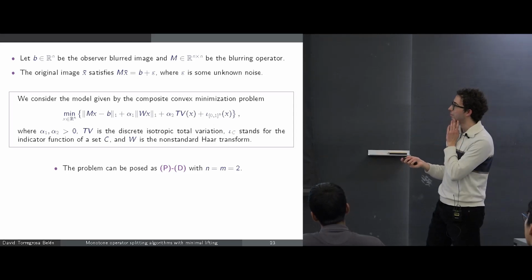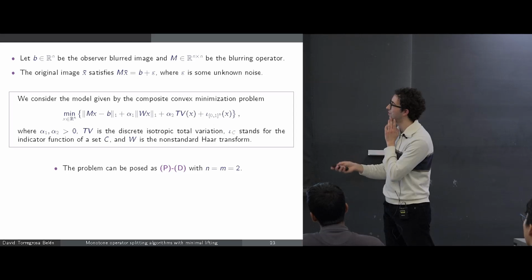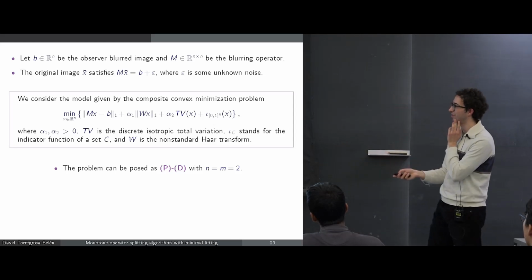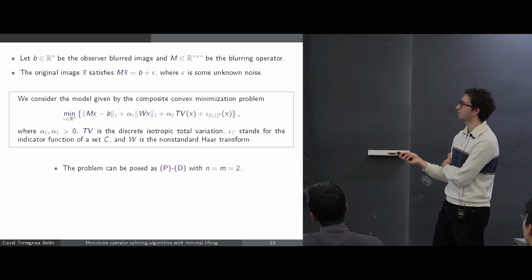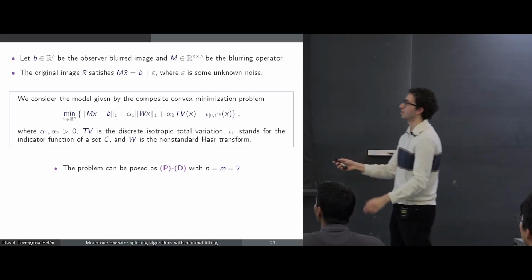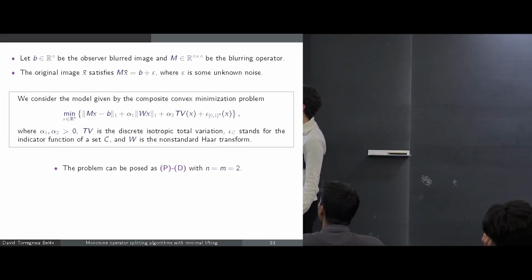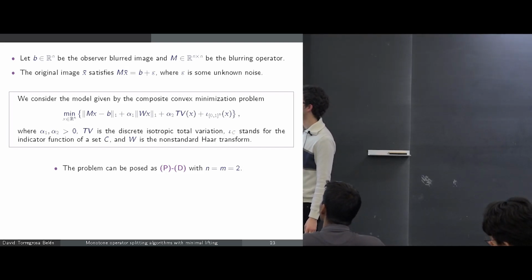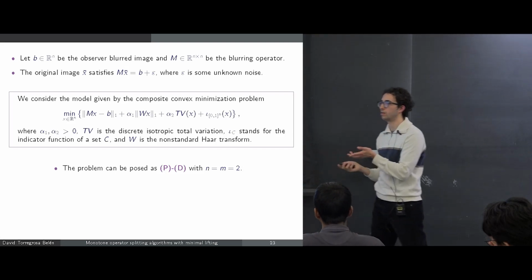I'm going to skip the definition of this again, but if you are interested, you can ask me later. The thing is that this problem can be written as this composite monotone inclusion, the last one that I presented, where I have two maximally monotone operators and two maximally monotone operators that were linearly composed.